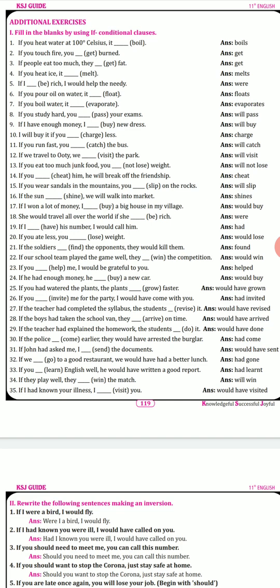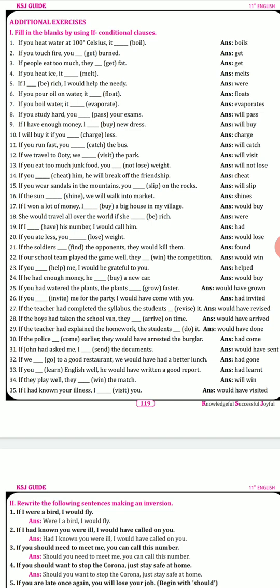And then question number 15: if you wear sandals in the mountains, you (sleep) on the rocks. This sentence talks about a possible or probable condition because the verb in the subordinate clause is simple present tense. So in the main clause there should be simple future, so you will sleep.